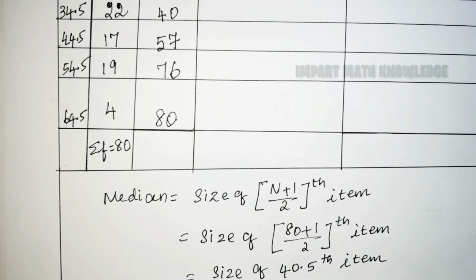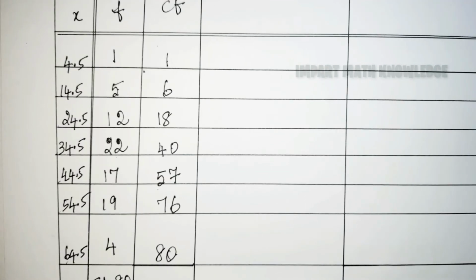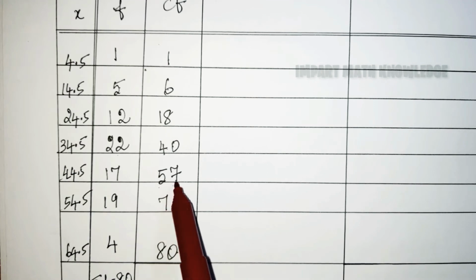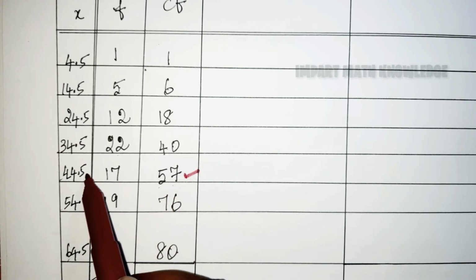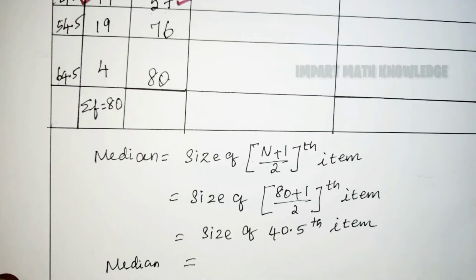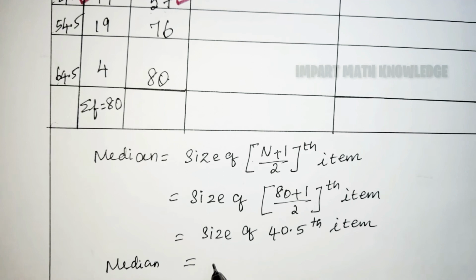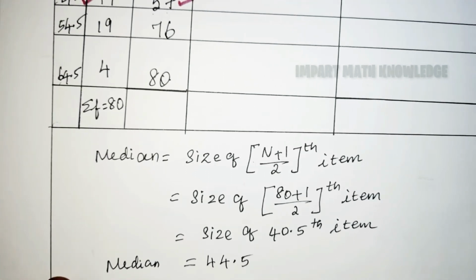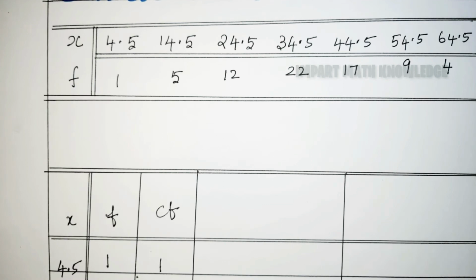Median is equal to size of 40.5th item. In the cumulative frequency, 40.5 comes under this category. So the corresponding x value is median. Median is equal to 44.5.